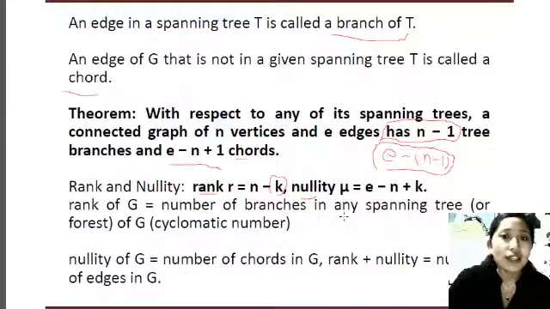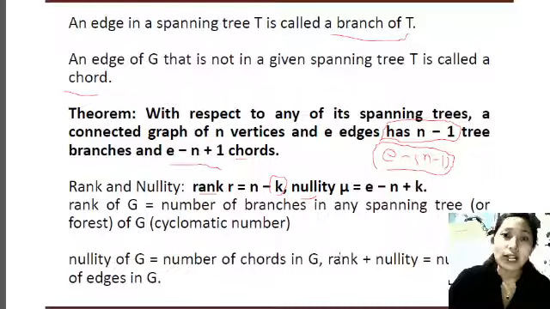So all in all, rank is nothing but the branches of a spanning tree. All the edges from the given graph which you have taken to be part of a spanning tree are counted as rank. Nullity is all the edges which you are not taking in your spanning tree.